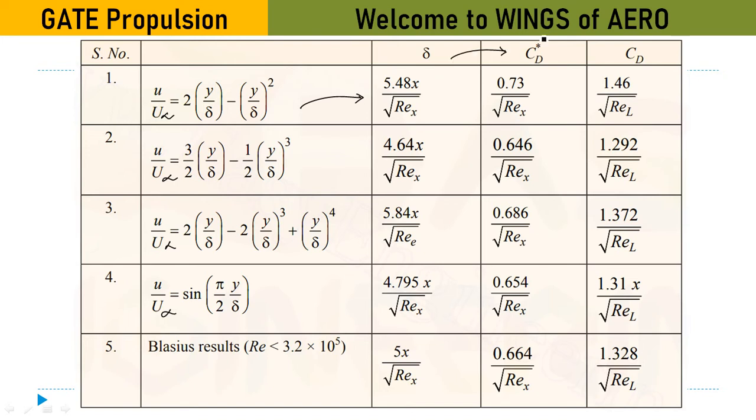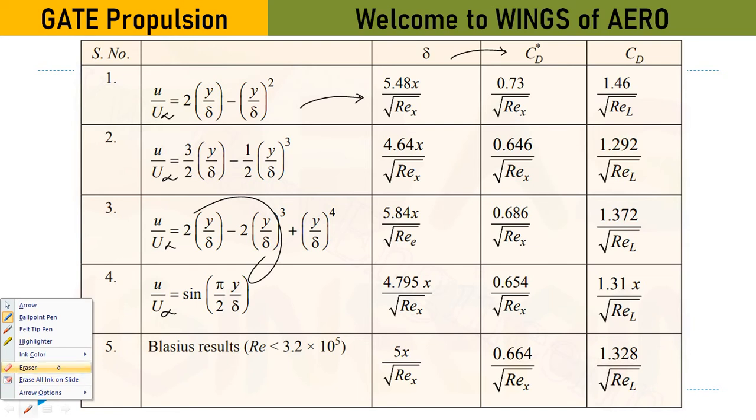If there is a plate submerged into some fluid with free stream velocity u infinity, and the total plate length is L, now I want to find the drag coefficient at a point. Let's consider point x. When I am concentrating on some point, it is called a local point.